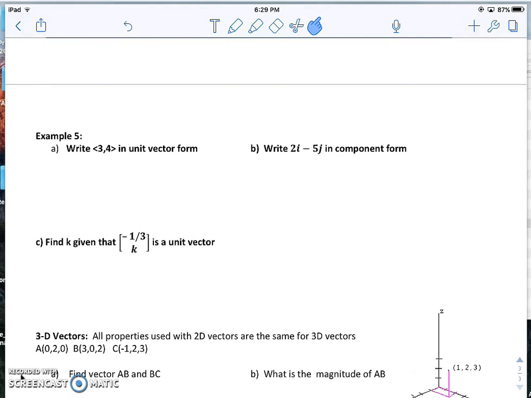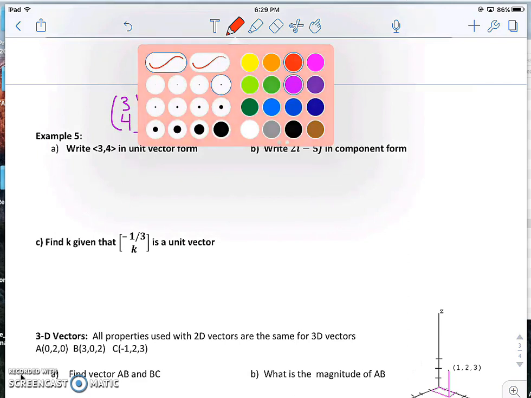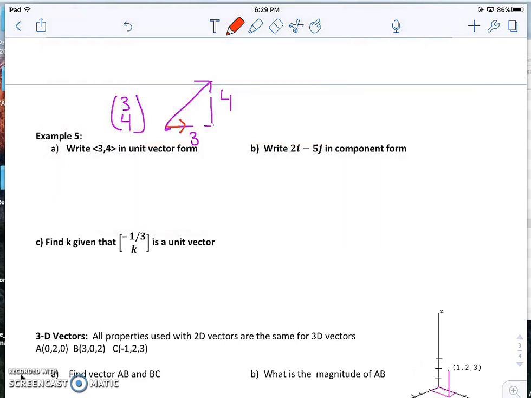So when we start looking at this, it says write in unit vector form. 3, 4, that's another way of saying the vector 3, 4. So this is saying that we go over 3 and up 4. In our unit vectors, if each one is 1 unit long, we go over 3, and each one of these is an i, so we go 3i, plus 4j's.